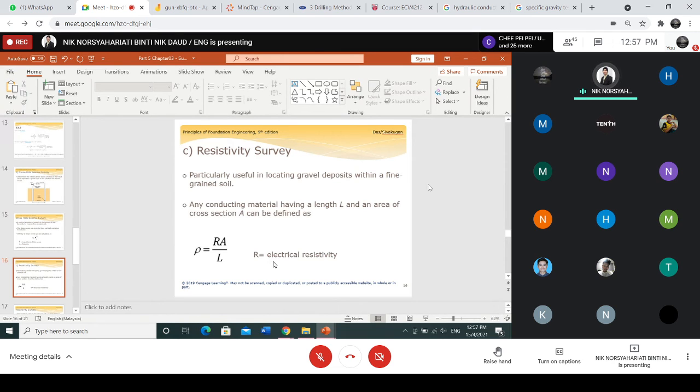Then for the last one, the resistivity survey, which is purposely used for fine grained soil. You can use this equation to find out based on the referred value, and also the dimension that can be found in the area.